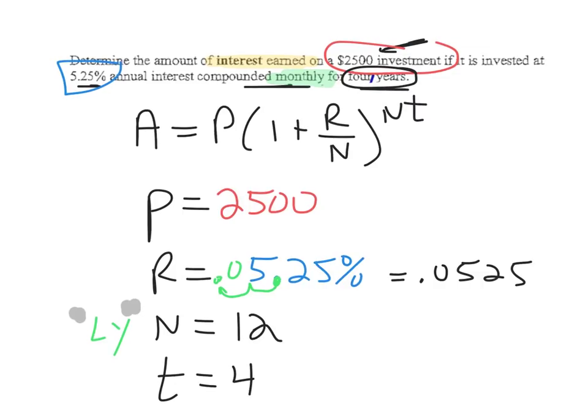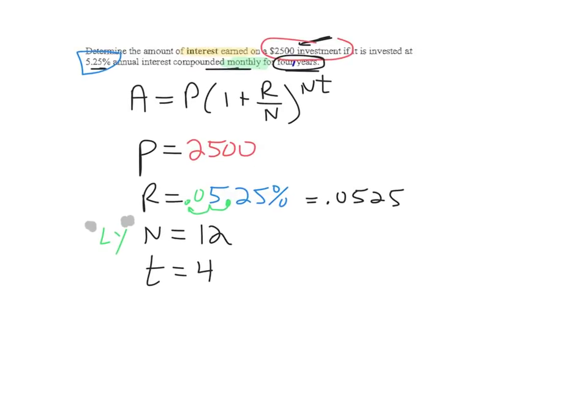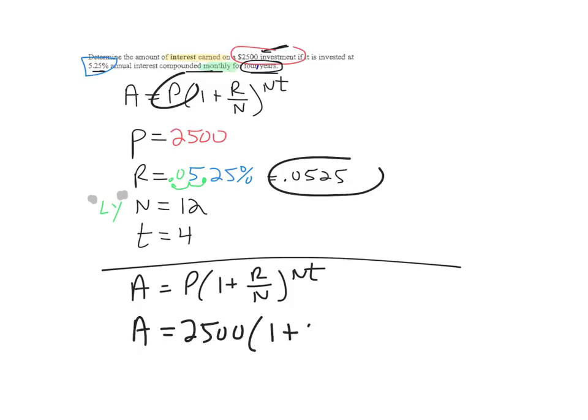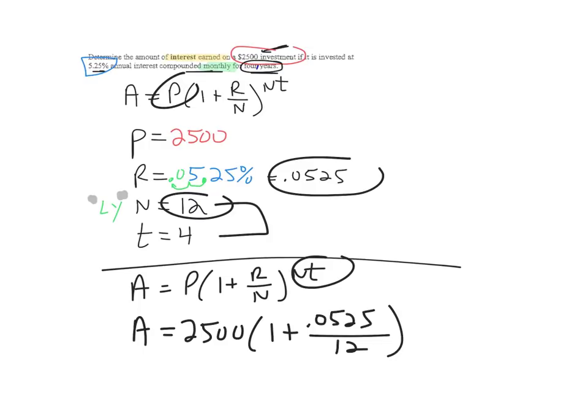So we're going to substitute all those values into our interest formula. We have the balance equals letter P, the principal, so that's $2,500, times 1 plus R, which is 0.0525, over N for monthly, 12, close parentheses, raised to the N times T, so in this case 12 times 4 power.